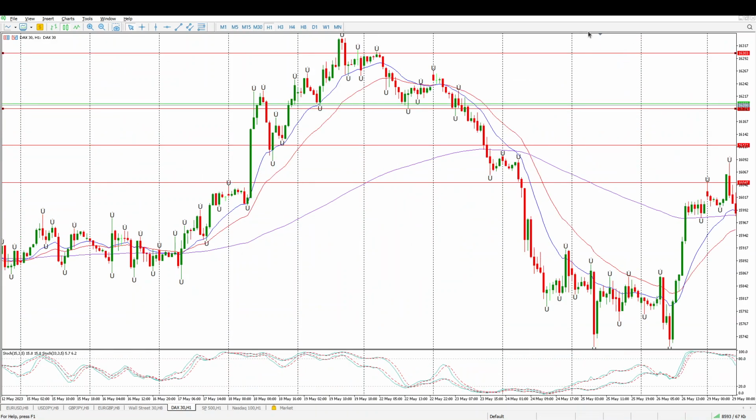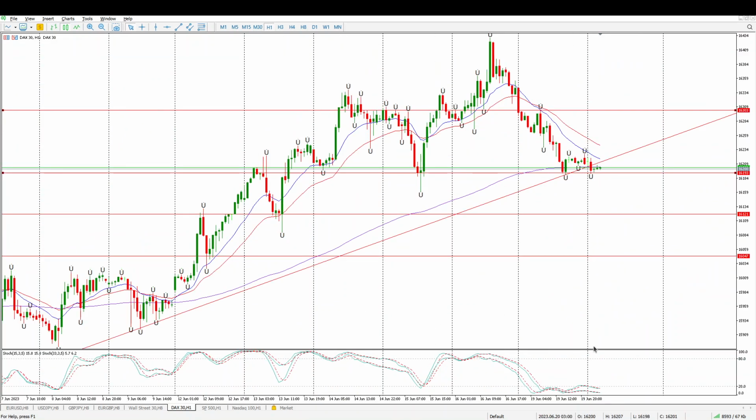Getting down to the hour, we are extremely oversold right now. We are hovering on the 155 EMA, and we have a diagonal trend line here and horizontal support as well. Let's run through the logic first before I tell you what I'm thinking.